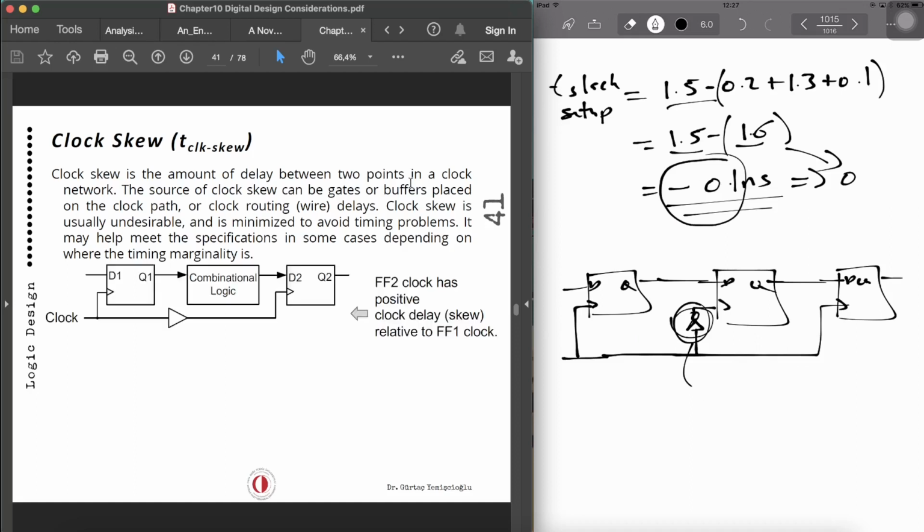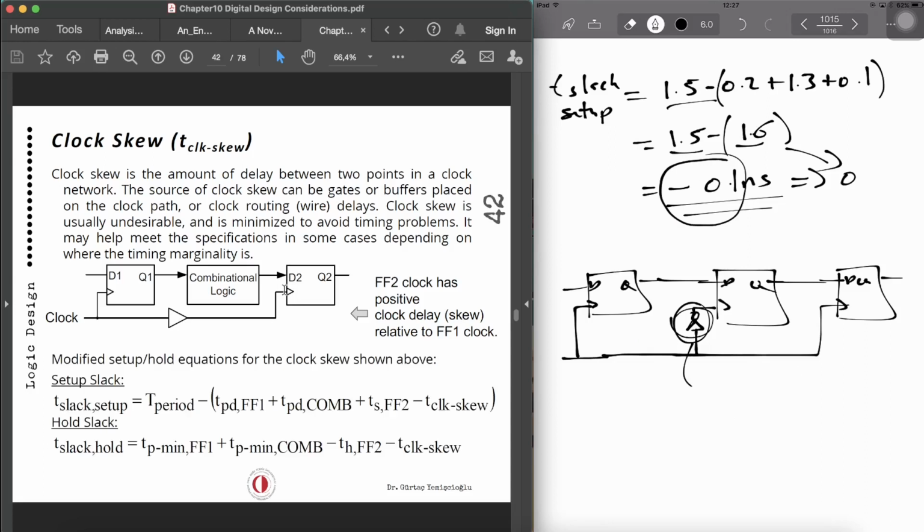So this is an example of a clock skew where we have a buffer in the clock path from one point to another in order to have a strong signal going into D2, but that might cause a problem because the buffer over here might have a 0.1 nanosecond propagation delay. So when it reaches over here, your clock is going to be delayed. It is going to arrive late.